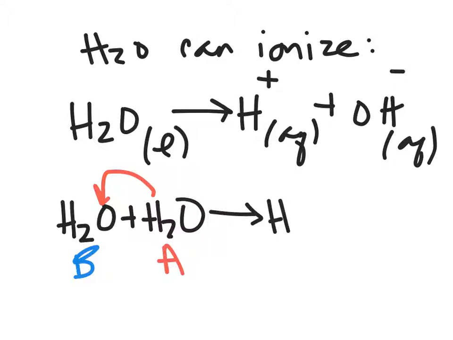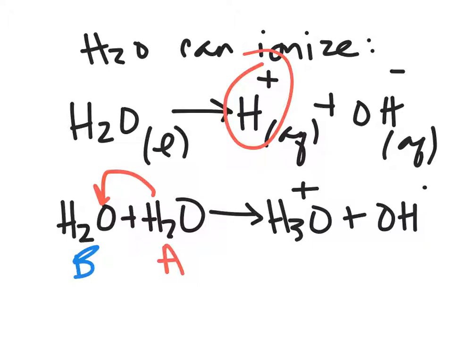Then we would have H3O plus and hydroxide ion. That's a better way to write it, because really we don't have H pluses floating around in solution by themselves. They're always attached to a water molecule to form this hydronium.